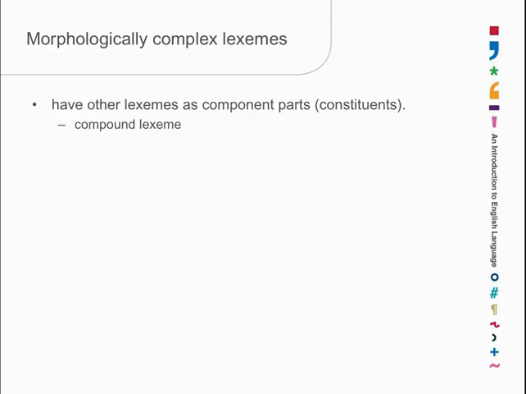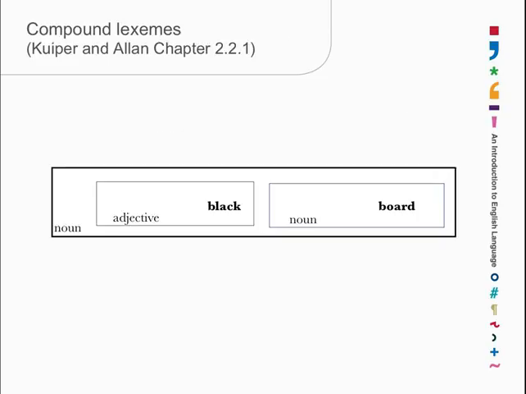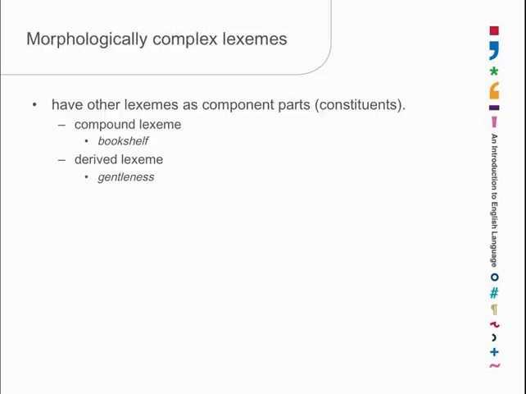Let's have a look at bookshelf, for example. Bookshelf has two lexemes as component parts, the book one and the shelf one. Each of those exist independently. There are also derived lexemes like gentleness, and there's only one other lexeme inside, and that's the lexeme gentle, and it's had ness put on the end of it to make a new lexeme.